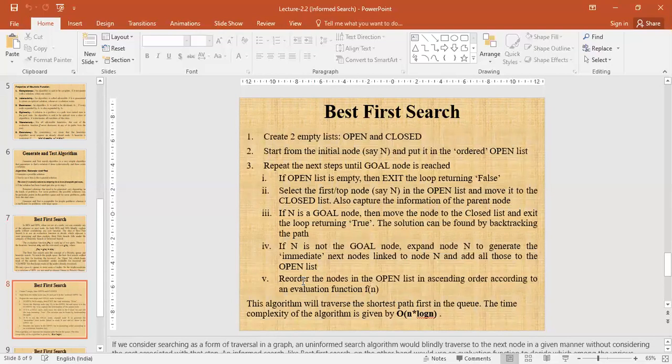Now, the algorithm of best first search. First, we have to create two empty lists, open and closed. Then start from the initial node, say N, and put it into the ordered open list. Then repeat the next steps until the goal node is reached.